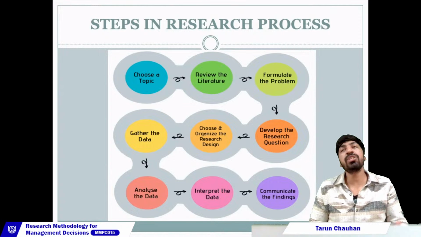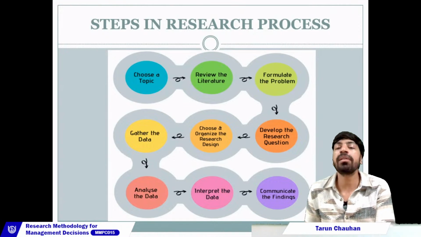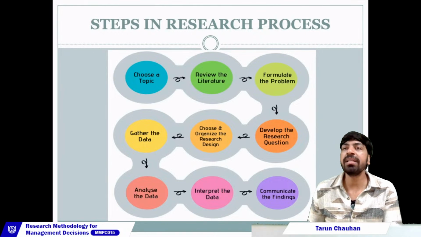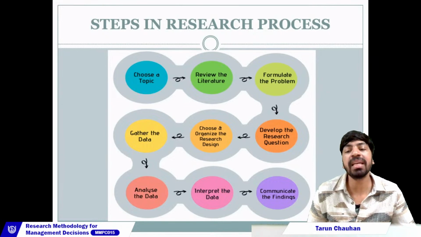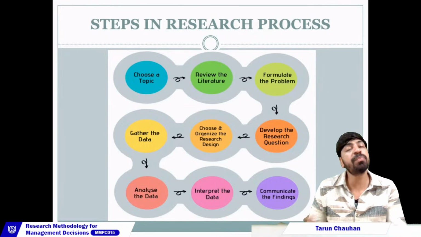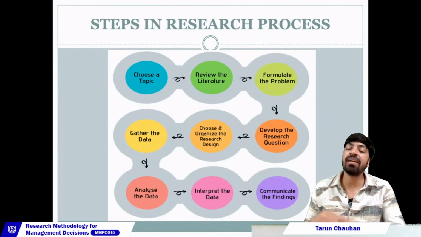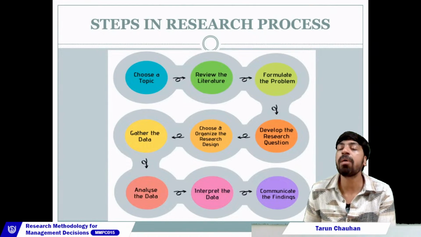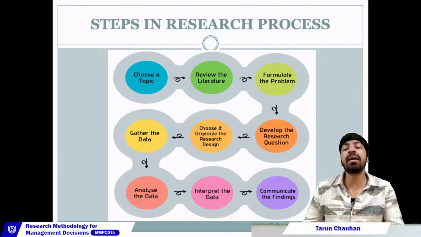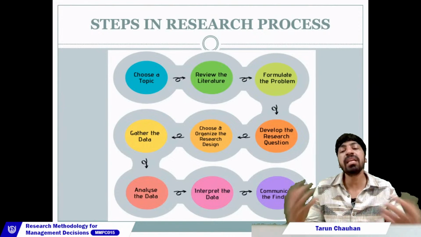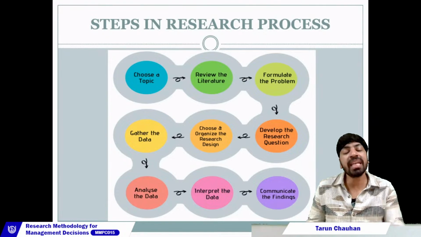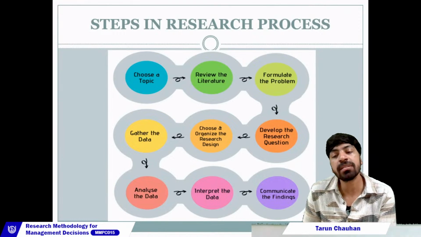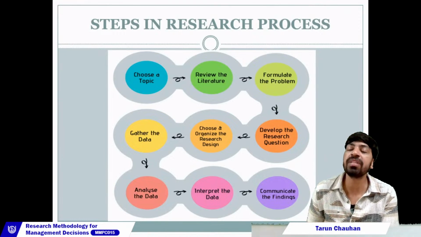Once the interpretation has been done, the last step of the research process is to communicate the findings. Once the exact results have come out from analyzing and interpreting the data, we communicate to the readers the findings of the study, the meaningful evidence, through offline sources, online sources, or different public advertisements.